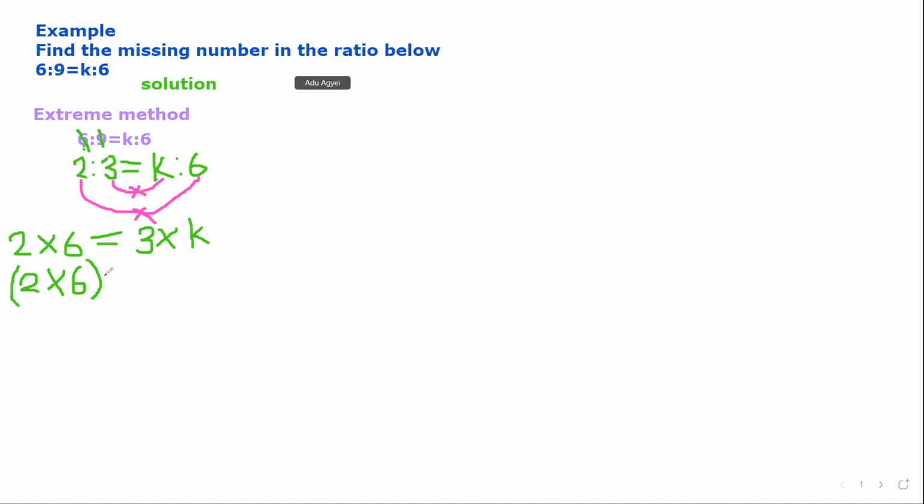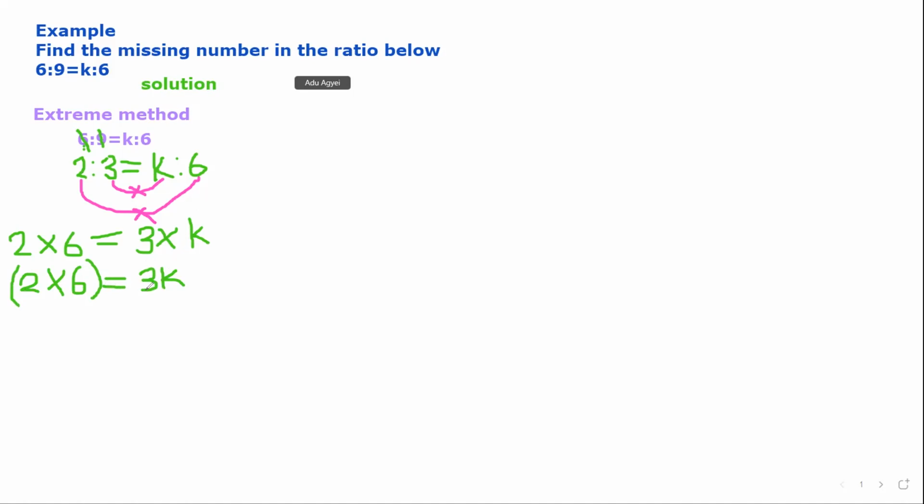is equal to 3k. When you reach here, you're supposed to find the k, not 3k. So you divide both sides by the number attached to the letter that you wanted to find.